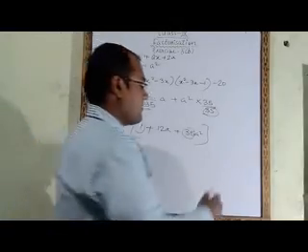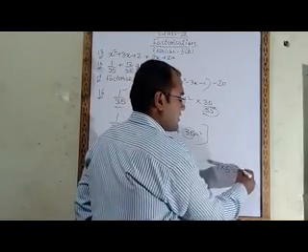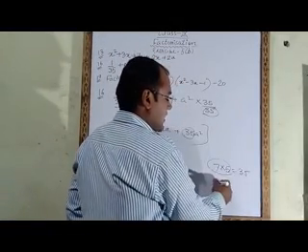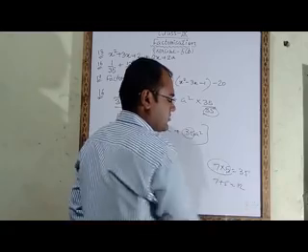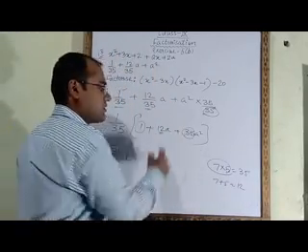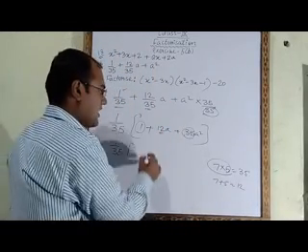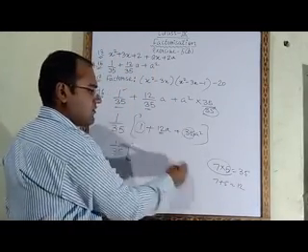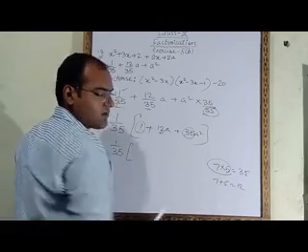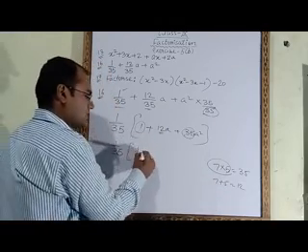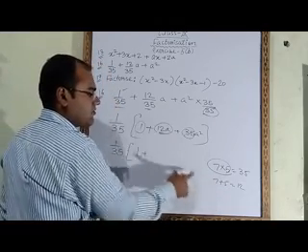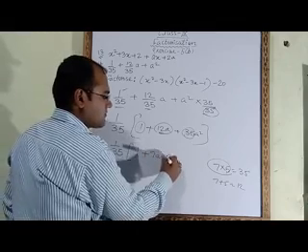7 into 5 will be 35. Now if we add these 7 and 5, we will get 12. So in between, what is written? 12. That means instead of 12 we have to take 7a and 5a. So 1 will be as it is. Instead of 12a, what you have to write? 7a plus 5a.